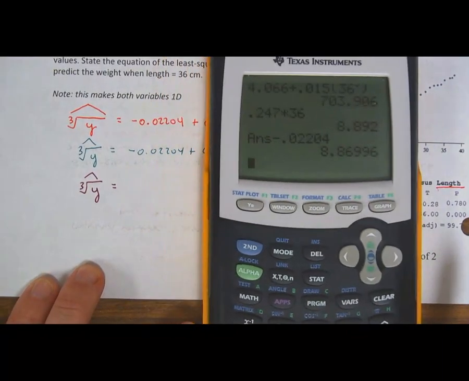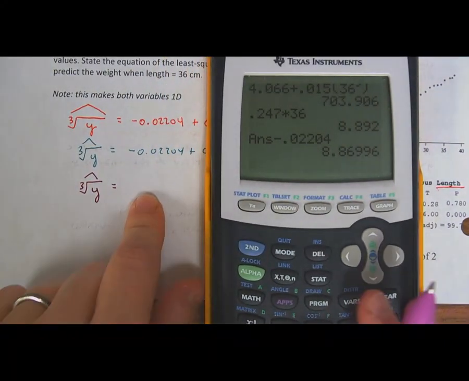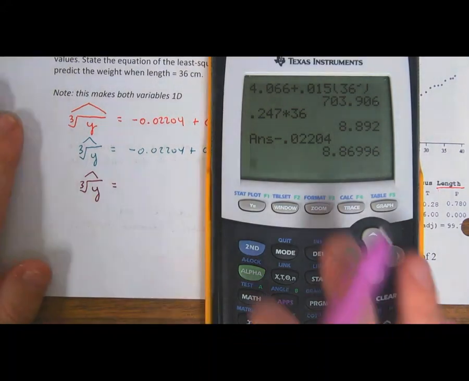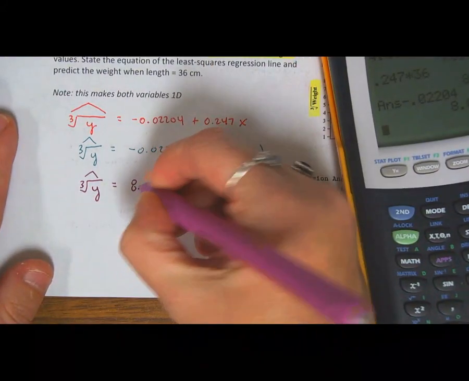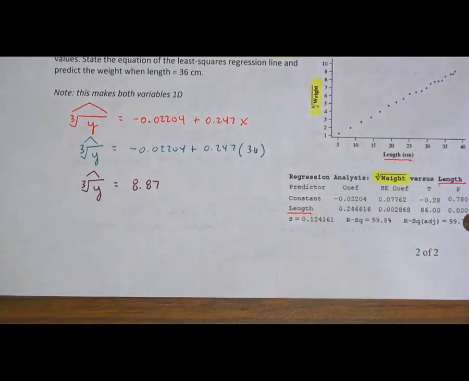And I get over here on the right hand side, when I crunch those numbers, I get like 8.87. Now we're rounding all over the place, so keep in mind if this was multiple choice, you would probably end up picking the one closest to what you got.